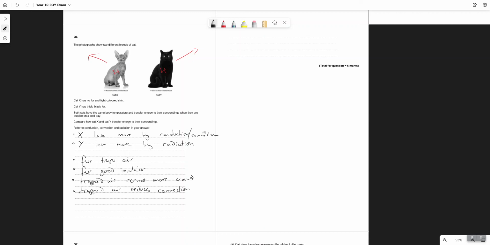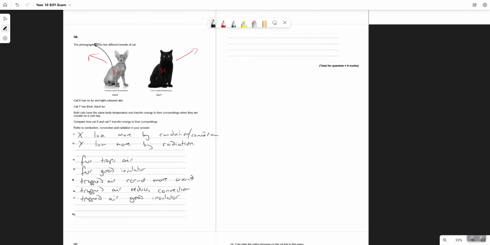Oh yeah, and also trapped air is a good insulator. So there's quite a lot of things to say here. Any air that gets warmed up by being next to cat X, just boom, straight off, because there's nothing that's keeping it there. This is what the fur is doing to keep the cat warm.